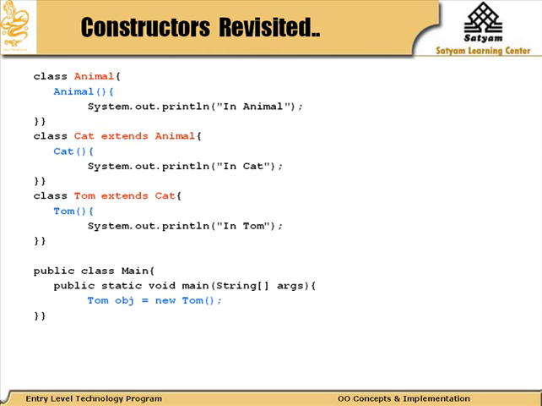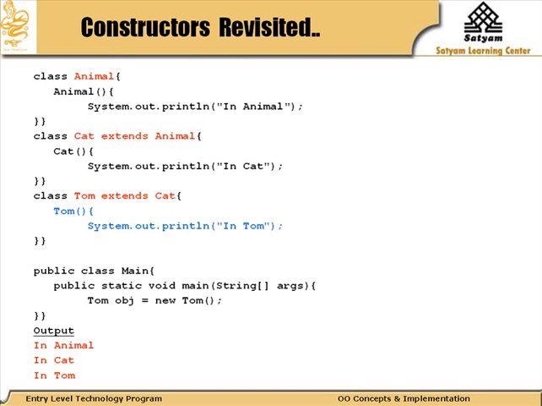Here, as Animal is not extended from any class, the statements in Animal's constructor are executed first. Further, the statements in Cat's constructor are executed. And finally, the statements in Tom's constructor are executed.